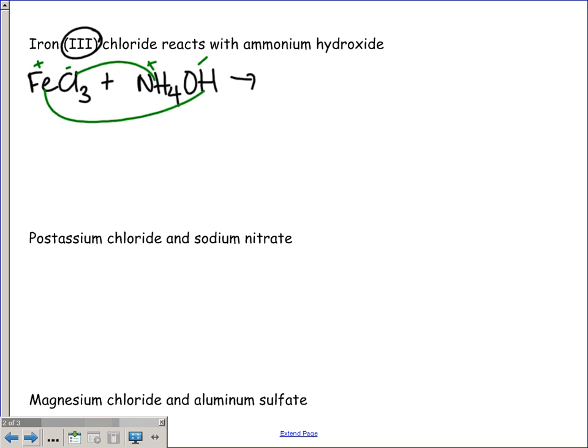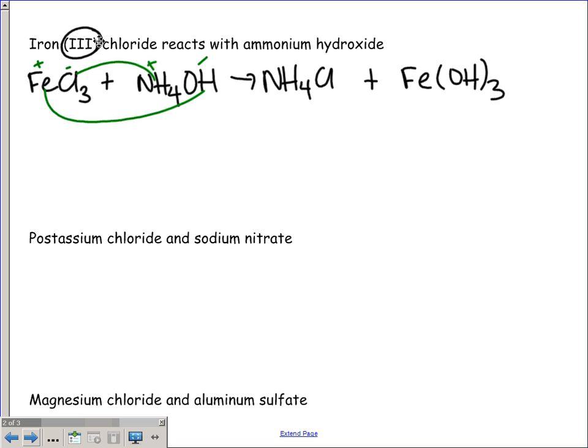So we'll start with ammonium chloride, NH4Cl. They both have a 1 charge, so it cancels, plus Fe(OH)3. Iron has a 3 charge, hydroxide has a -1 charge. When those crisscross, they form FeOH, and the 3 has to distribute to the OH.